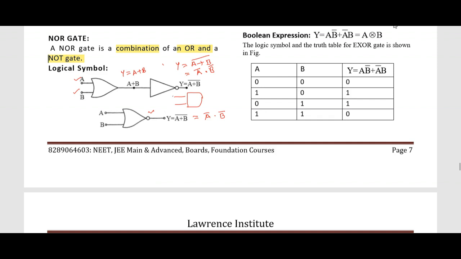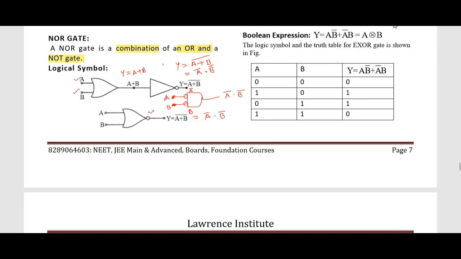Now here is the input with dark bubbles. These are the input terminals A and B. And here I apply NOT operation represented by this single bubble. Now the input here will be A bar, and here input will be B bar, and here the output will be A bar dot B bar.